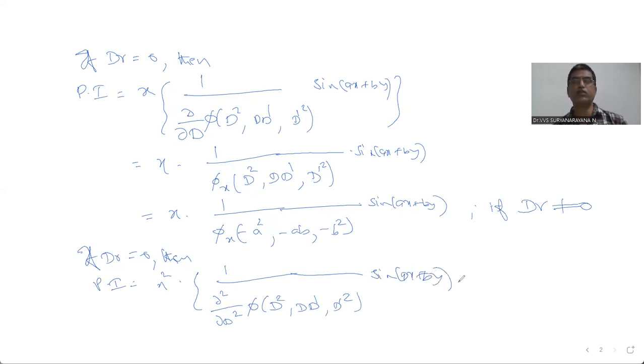Okay, this is the process. So again, put d square equal to minus a square and so on. Same process, d dash equal to minus ab, and d dash square equal to minus b square.